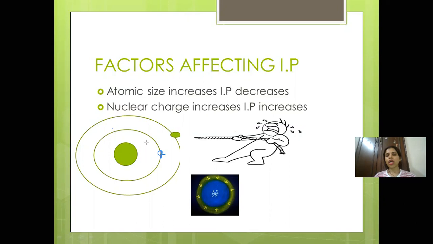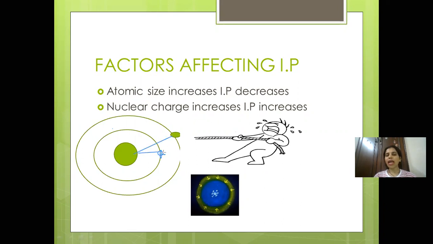If you assume that the electron is over here in this place, then the inward nuclear pull, the pull with which the electron is pulled towards the nucleus, is obviously going to be more than in this case. So this electron is going to have more pull compared to this particular electron.